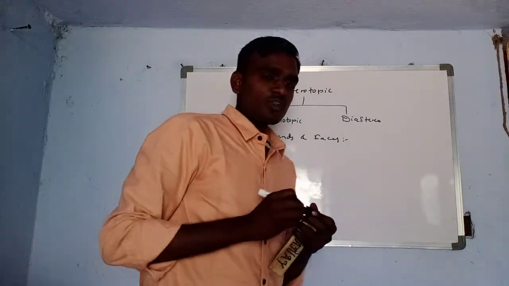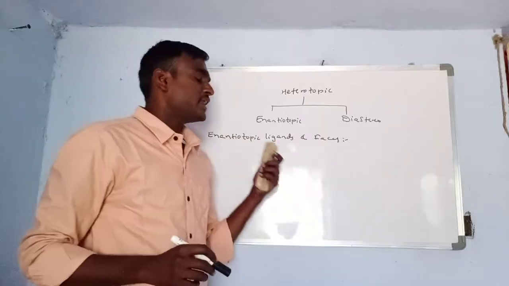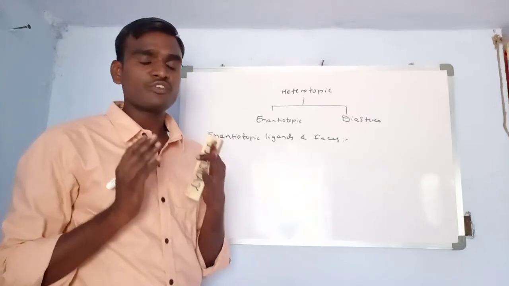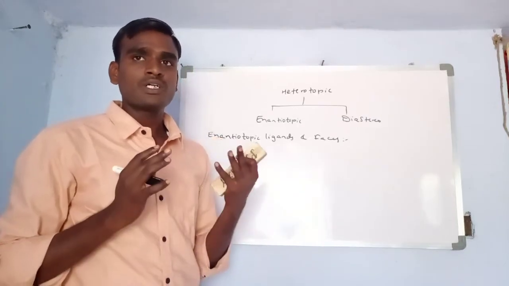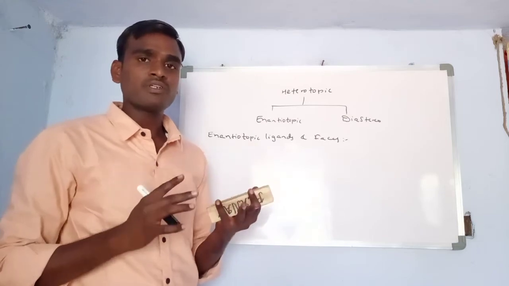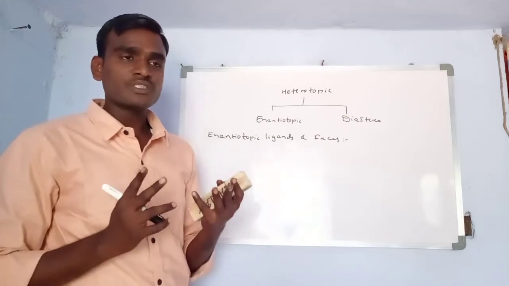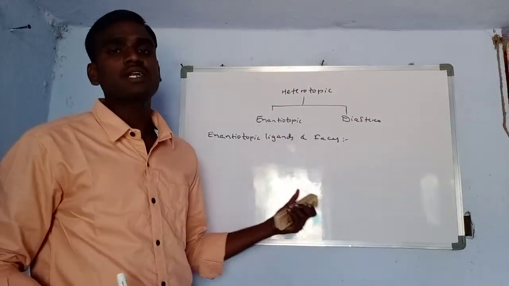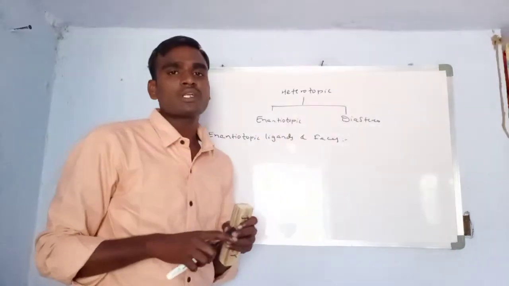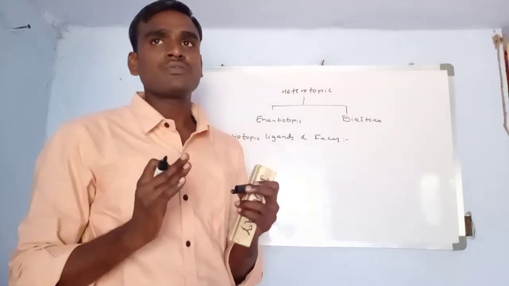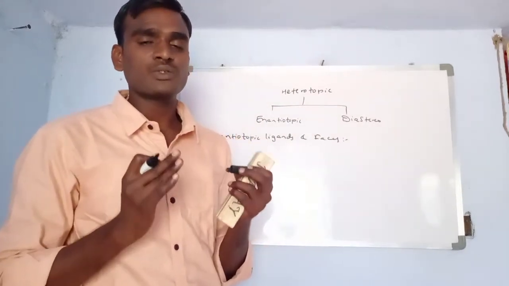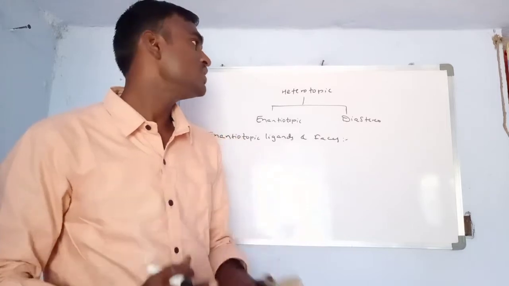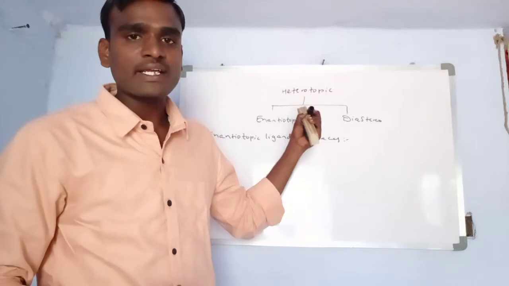Ligands are said to be enantiotopic if, when we replace one group by another, one by one, we get enantiomers. In homotopic ligands, when we replace one group by another group, we produce identical products, and those are homotopic ligands and phases.